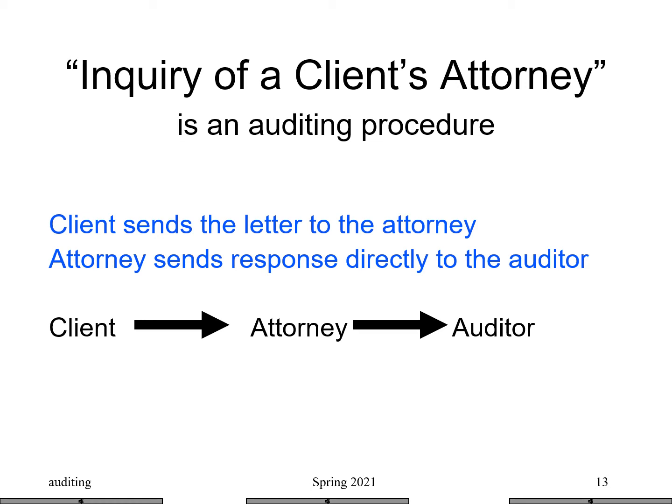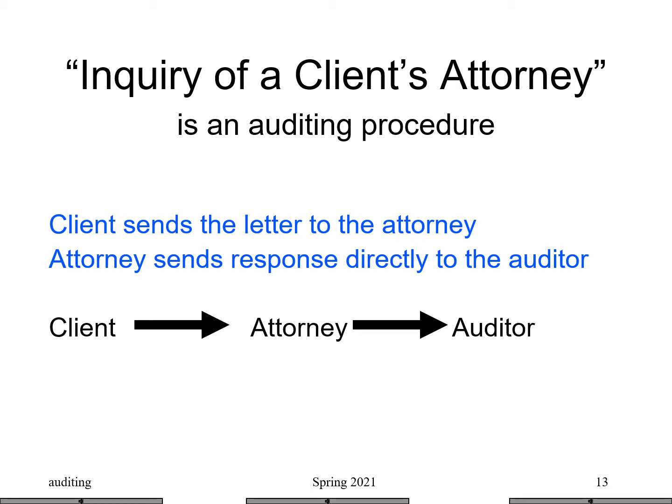The FASB tried to rewrite the accounting standard related to the attorney's letter, and they got so much pushback from the clients, the companies that prepare financial statements, and from attorneys.